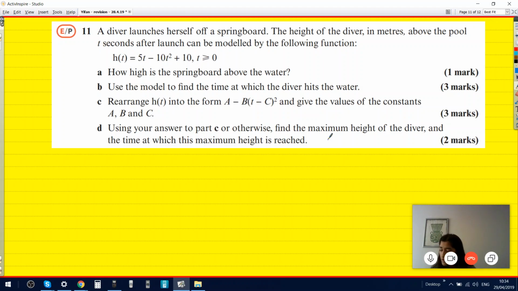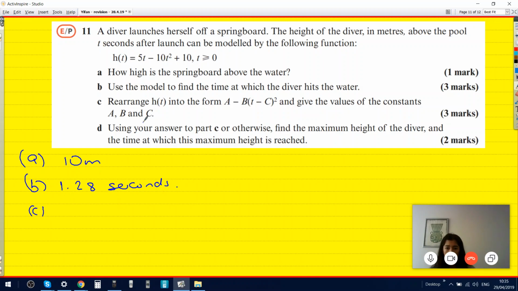So 10 meters. I believe it's 10. Then it's 1.28. How did you get 1.28? I don't know, I just put it to equal 0. Yes. So it's 1.28 seconds. Yeah, so first t is 0, solve for height, and then height is 0, solve for time.